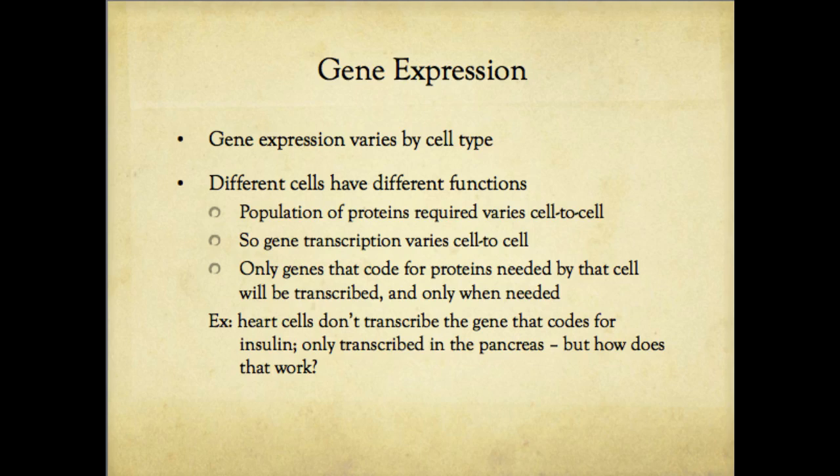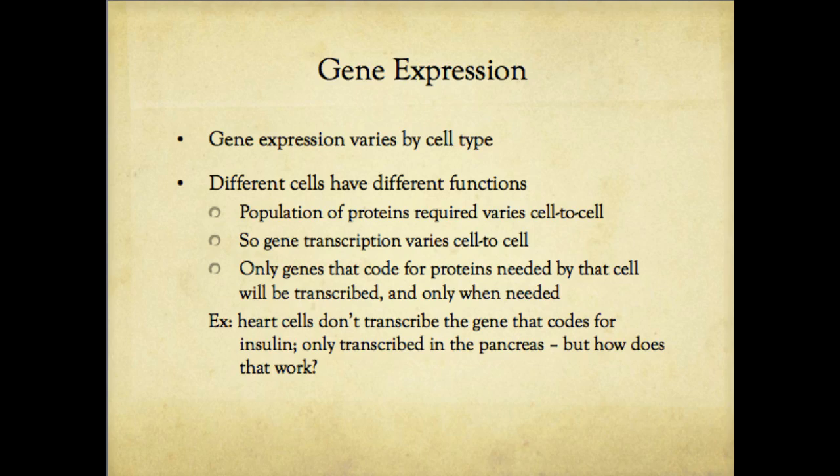So the population of proteins that a cell needs at any particular time is going to be different from the population of proteins that another cell needs at any particular time. So gene transcription, gene expression varies from cell to cell. Only the genes that code specifically for the proteins that cell needs at that moment are going to be transcribed.